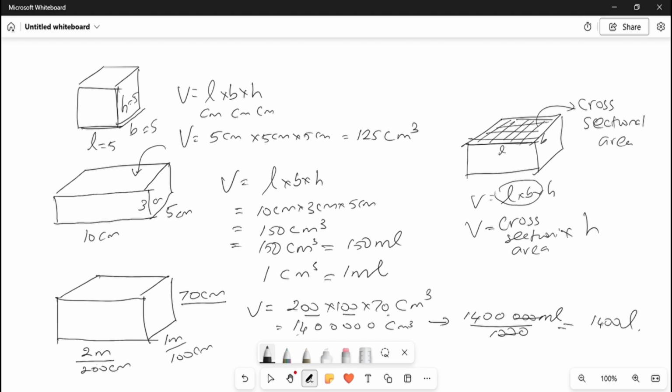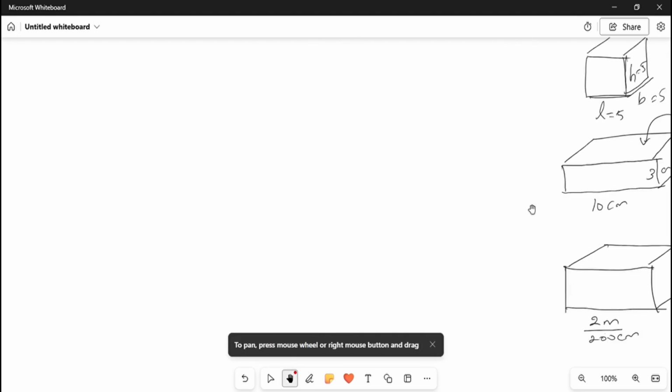Okay, now let's move on to the next shape, which is we call prism. A prism is something like, if you have different prisms, we are calling this a triangular prism.